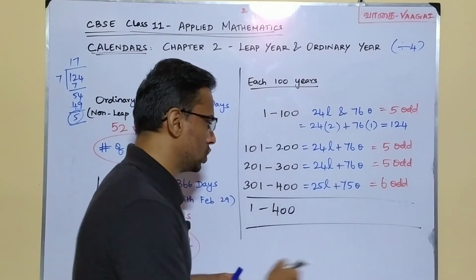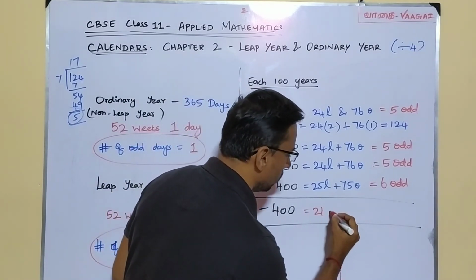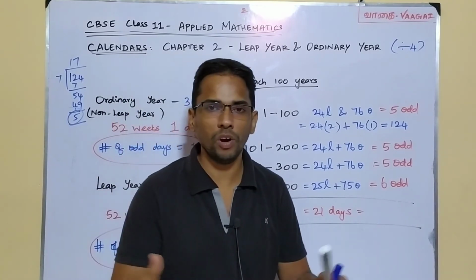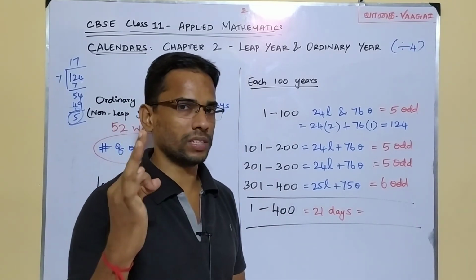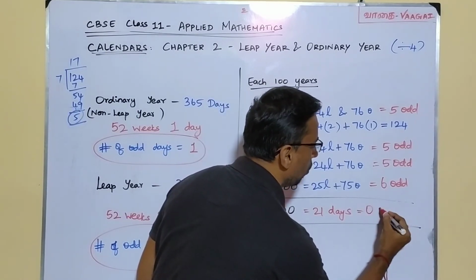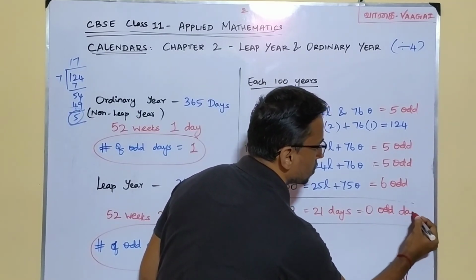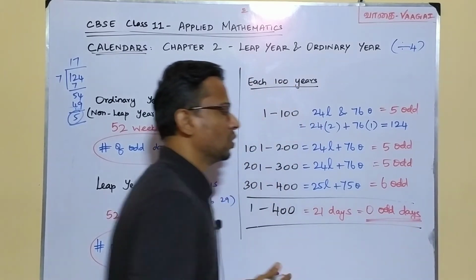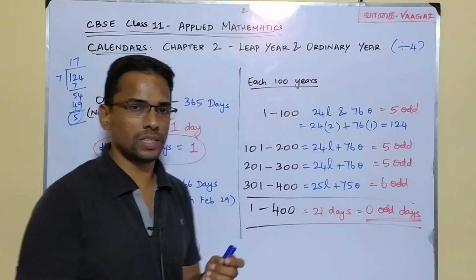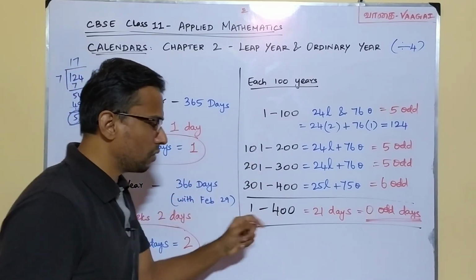And again, this 21 odd days, when you reconvert 21 days, how many odd days would you have for 21 days? You can exactly form 3 weeks and that means you are left with 0 odd days. That's the point. Fine. So again, the next other strong thing you have to remember is from year 1 to year 400.